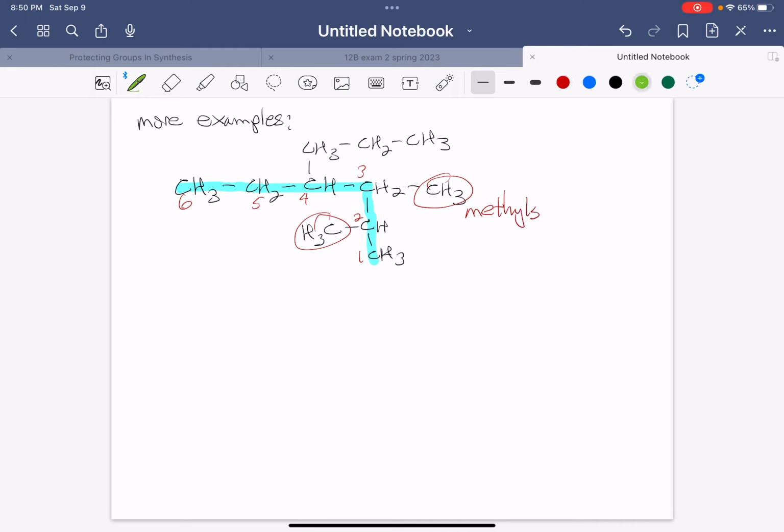And then I'll switch to green here. And this is a propyl group. So I've got methyls on carbons 2 and 3. So 2,3-dimethyl, 4-propyl, hexane.